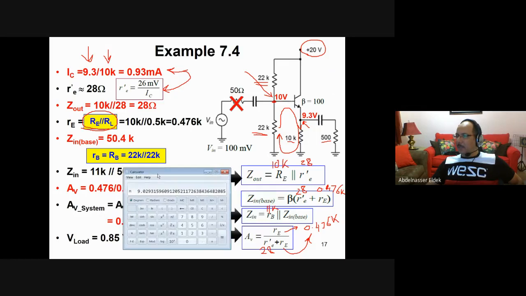Then AV, the last one, is AV. AV is almost 1 here. You can notice that because RE is much bigger than RE prime.